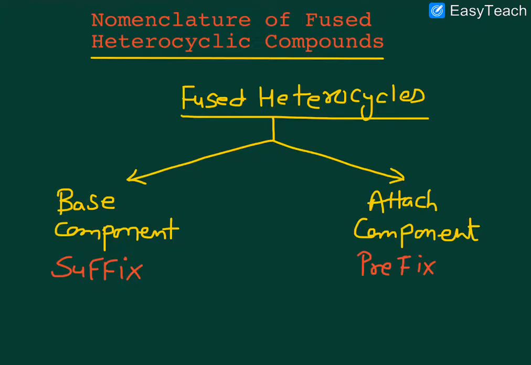Students, what is the difference between the base component and the attached component? The skeleton of nomenclature for a fused heterocyclic compound is: prefix, then a number, and alphabets, and then suffix.